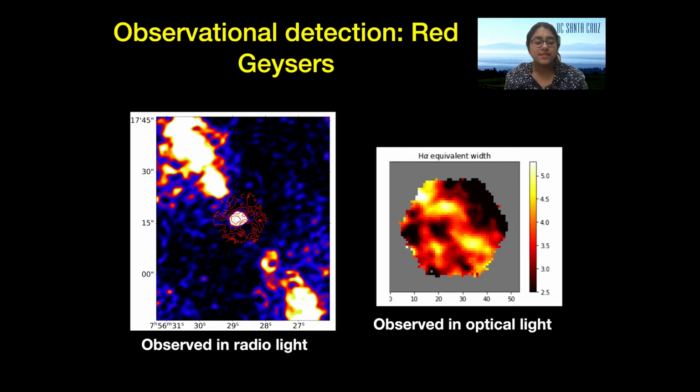We call these galaxies the red geysers. As you can imagine, the word geysers comes from the fact that the winds look like a fountain. The left plot here is seen in the radio frequency of light, and the right is in optical light. And you can see these large-scale jets or winds that are being driven out in these galaxies.